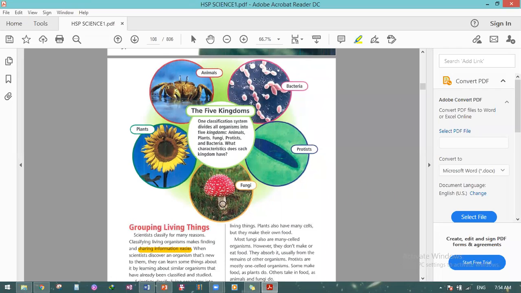So some of them are unicellular. So we can say that fungi could be many-celled or unicellular. Some of them, we can see them with our naked eyes, like the mushroom in here, like mold. But others are unicellular. You can only see them in groups.